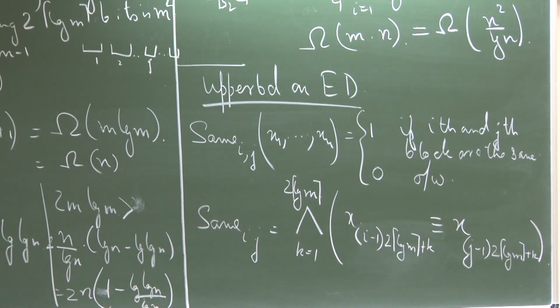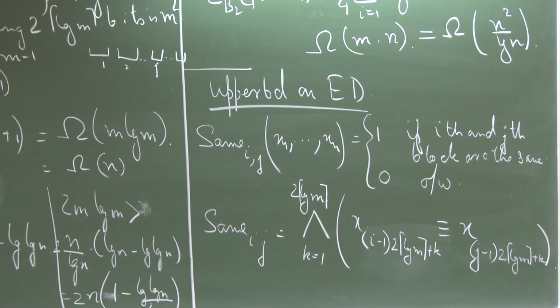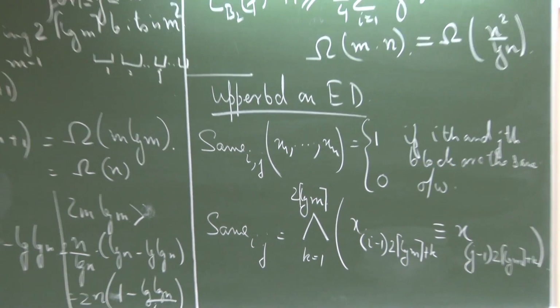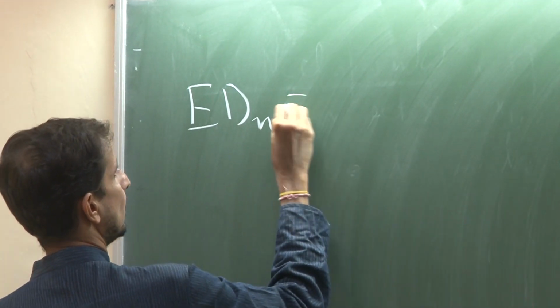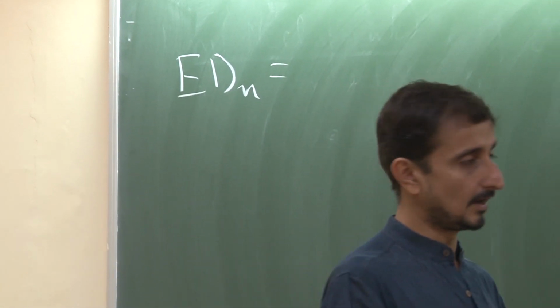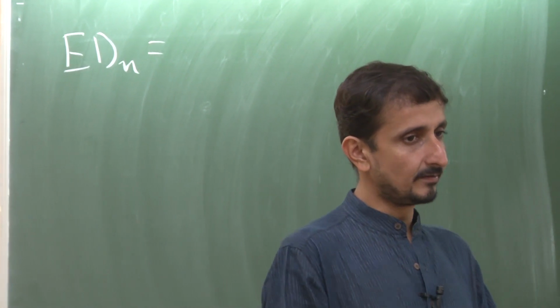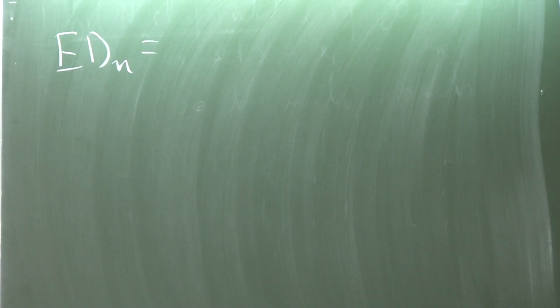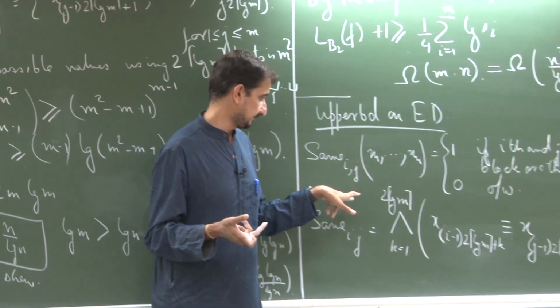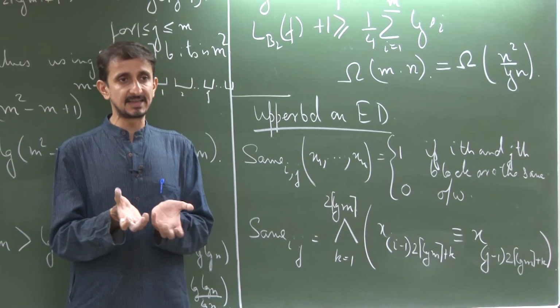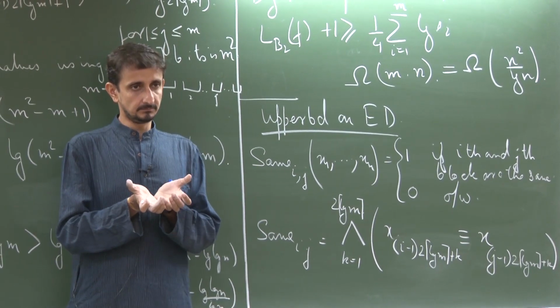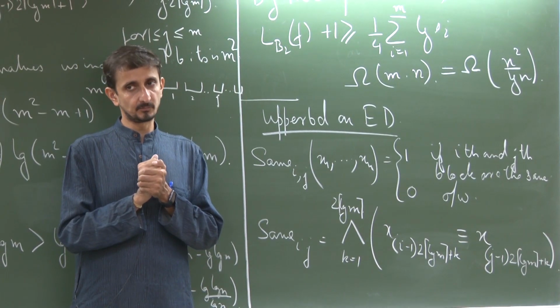So we have this same i j. Now, how can I write ED in terms of same i j? ED says that all the blocks should be pairwise distinct. Same i j says that for two blocks i and j, they are exactly the same.